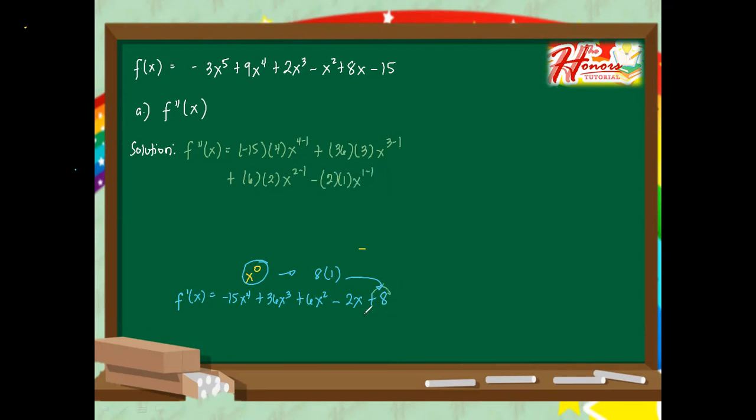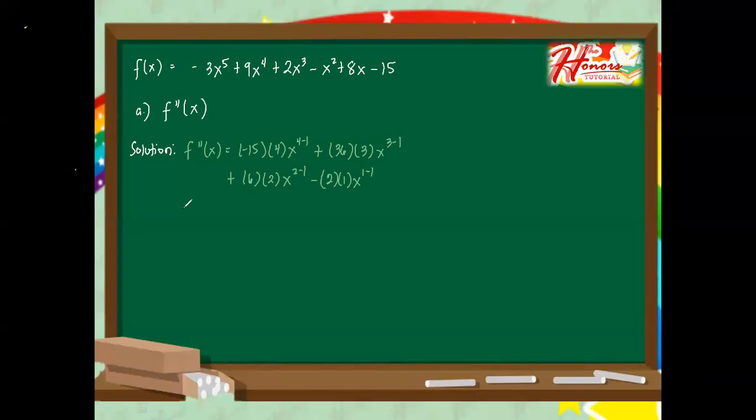And then for 8, this is already a constant, meaning when we apply the constant rule, it will become 0. So we will eliminate it. If you want to write 0, it's fine, but it is better for you to eliminate it. Do not include it.